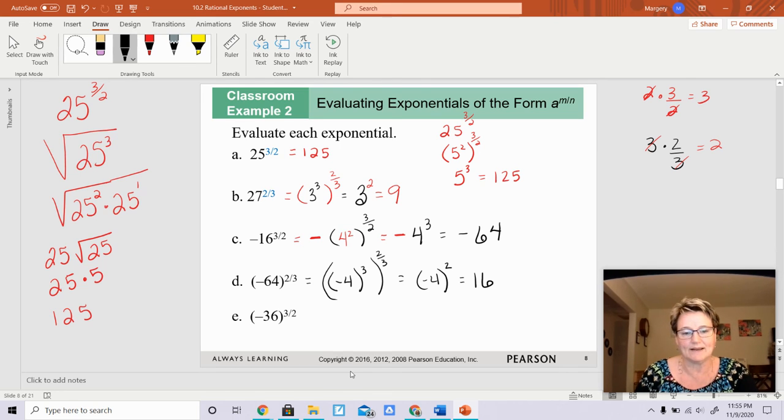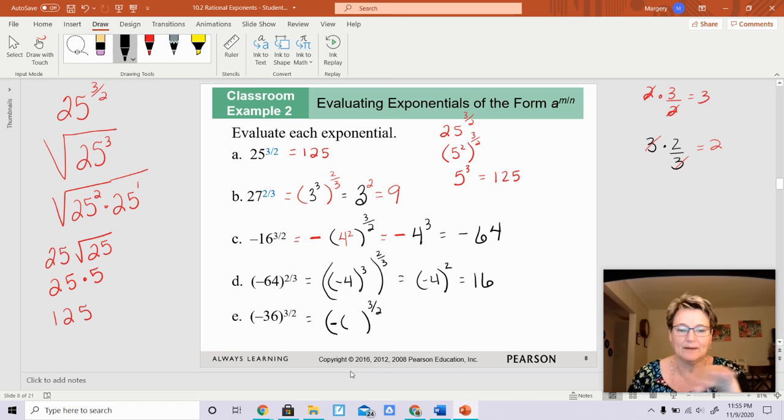The next one, I end up with negative 36 to the 3 halves power. Remember, I need to figure out how to rewrite negative 36. So let's try a negative on the outside, and this is going to be the whole thing.